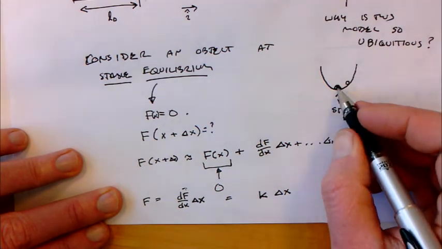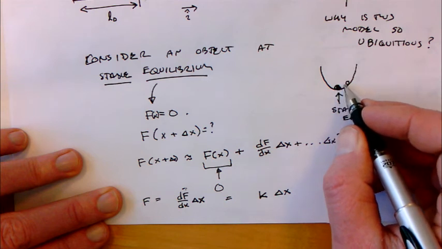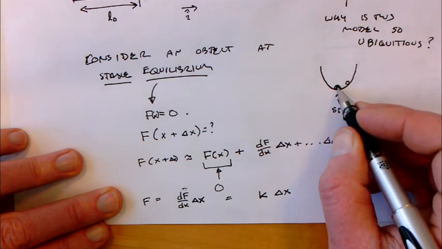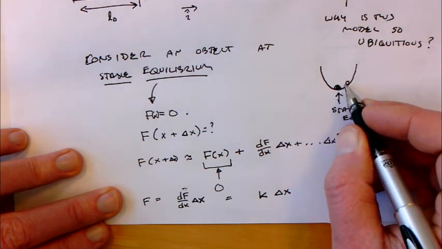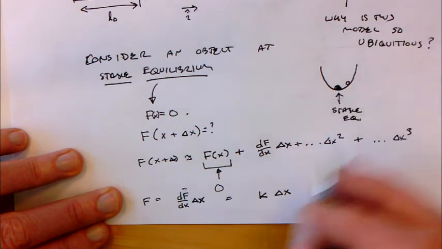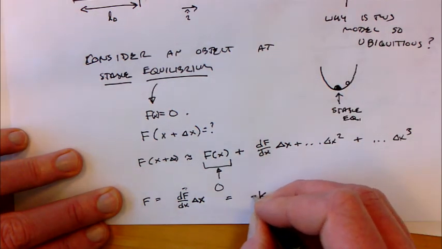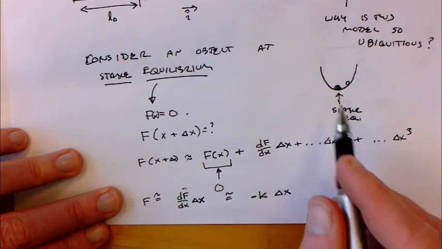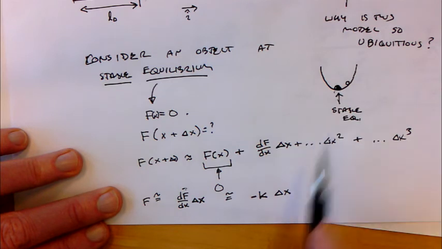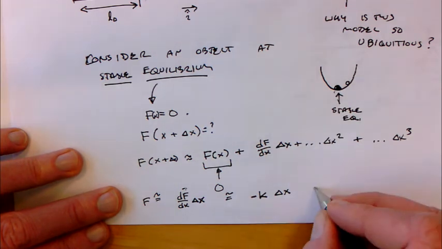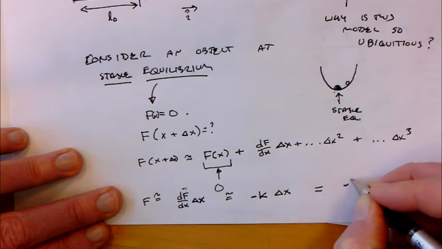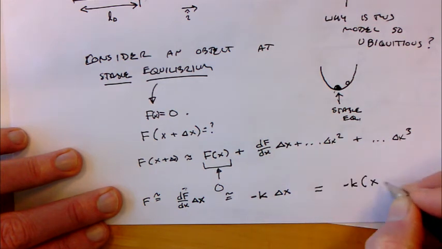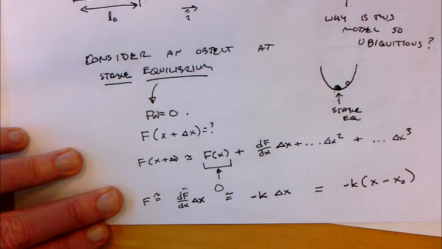And if I think about what must happen here when I displace to the right a little bit, it must come back. So a positive delta x must give me a negative force. So an approximation for my force for any object that's close to stable equilibrium is simply minus k times delta x, where delta x is the distance from equilibrium, which could also be written as minus k times x minus x naught, where x naught is the equilibrium point.